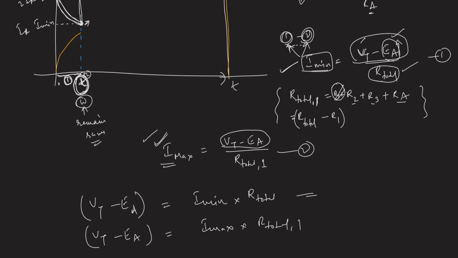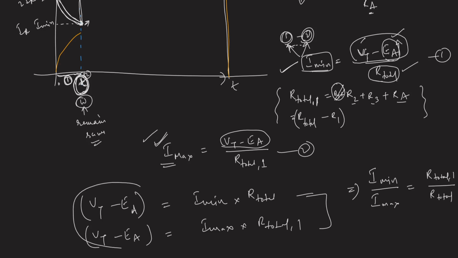Okay, so equating these two, I can say that I minimum by I maximum is equals to R total comma 1 by R total. I am equating these two because these two components are same.